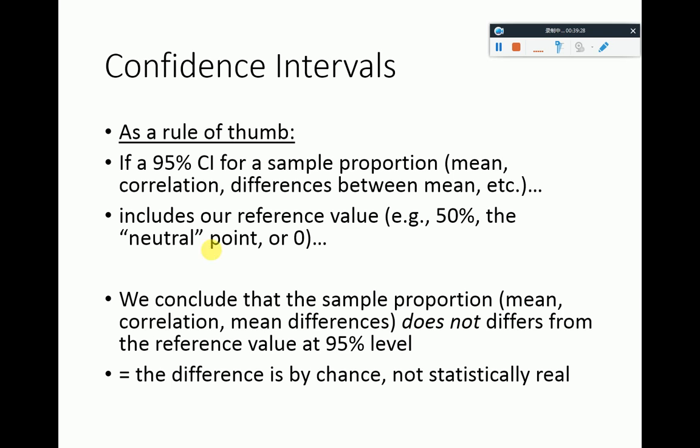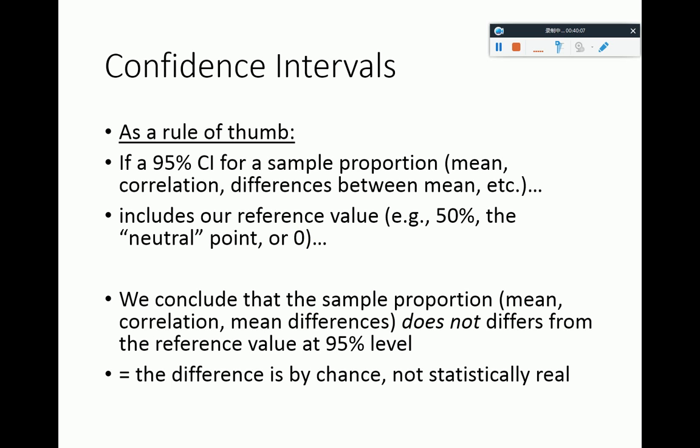But because, at the statistical level, the interval includes the reference value, we conclude that our point estimate, a sample proportion or a sample mean, is not statistically or meaningfully different from the reference value. The difference is by chance. It's not real. Okay?